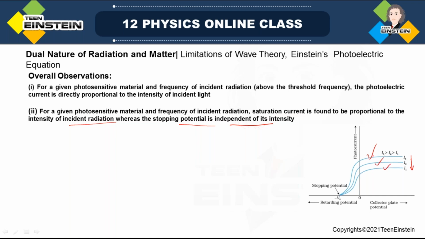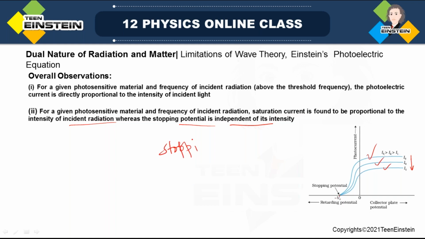So we can see that the saturation currents depend on the intensity of the incident radiation, whereas the stopping potential, what is stopping potential?